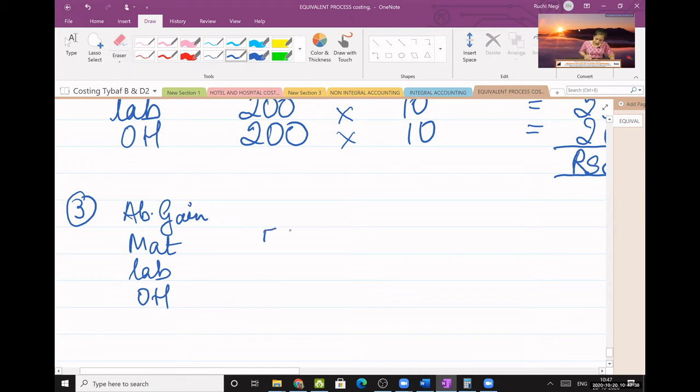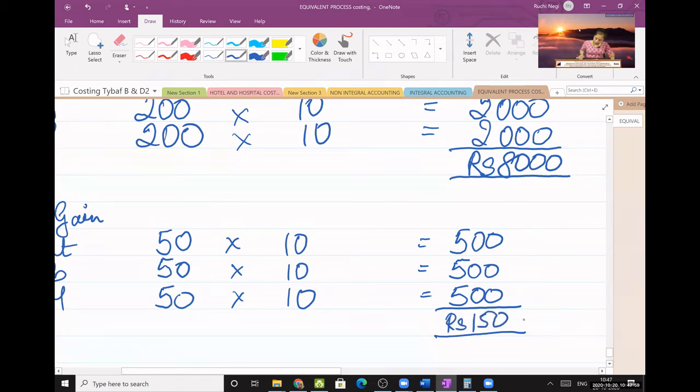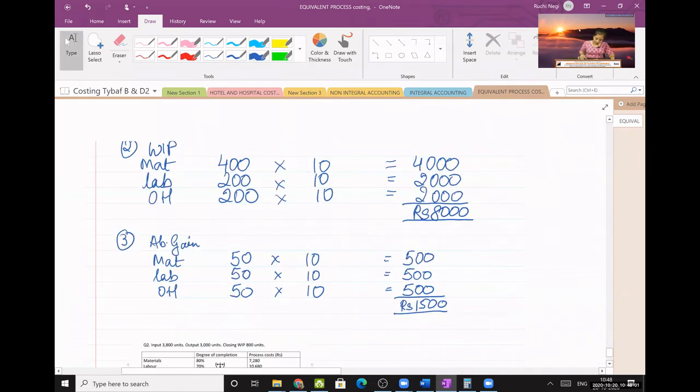Yeah. 50, 50, 50, multiplied with 10, 10, 10. So this becomes 500, 500, 500. So the total becomes 1,500. So my step 3 is also done.